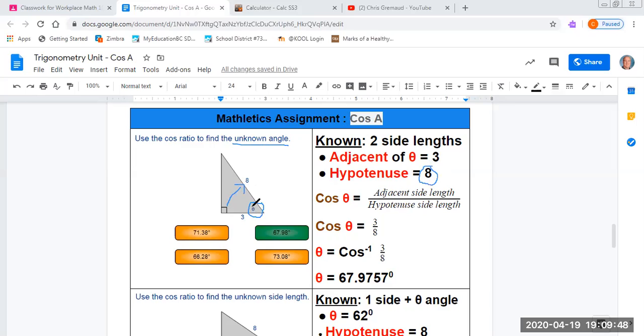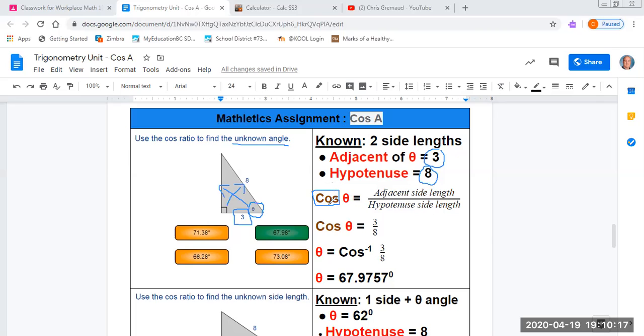Directly opposite this theta, we don't have that. But the other side length right here is what we know as the adjacent. So the adjacent is 3 in this case. The two side lengths that we know are adjacent and hypotenuse. Thinking about that acronym, we know that CAH is going to work with adjacent and hypotenuse, and that we need to use cosine for this.